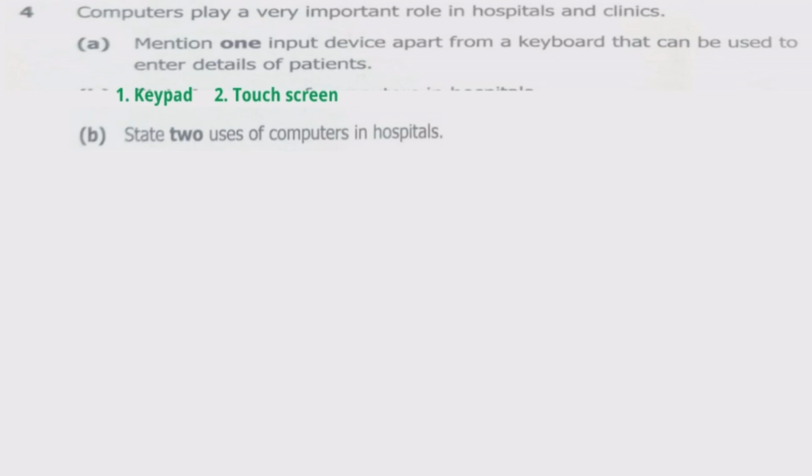We come to question 4B. State 2 uses of computers in hospitals. What do they use computers for? I'm going to give you three since they want two.